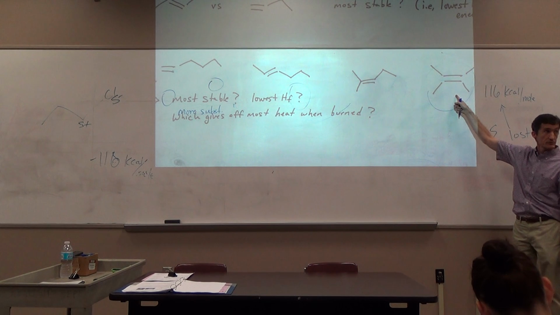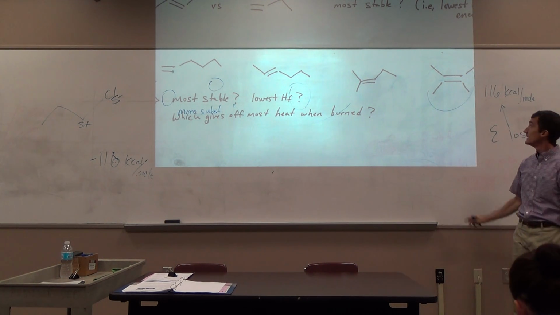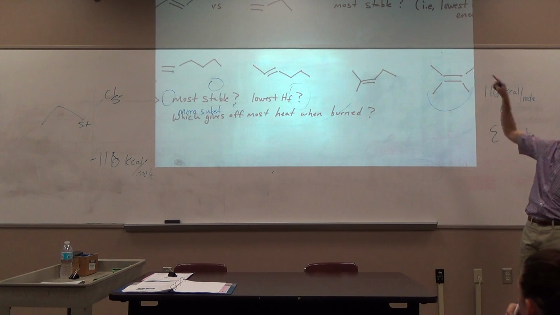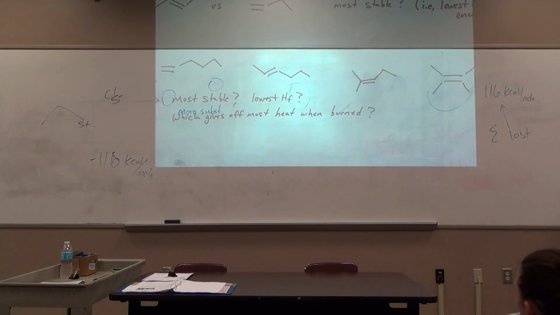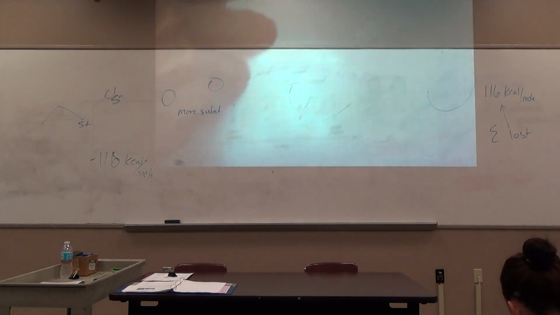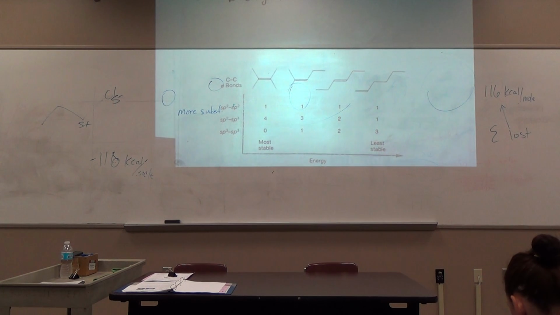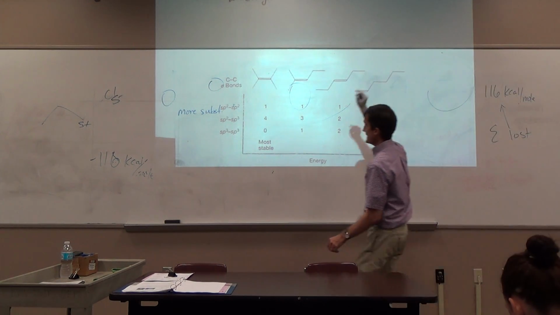Tetrasubstituted. See how it's tetrasubstituted? It's got 4 groups on the alkene carbons. Most stable. Why? You can answer that by looking below. It has to do with the types of bonds that are there. This table explains it.